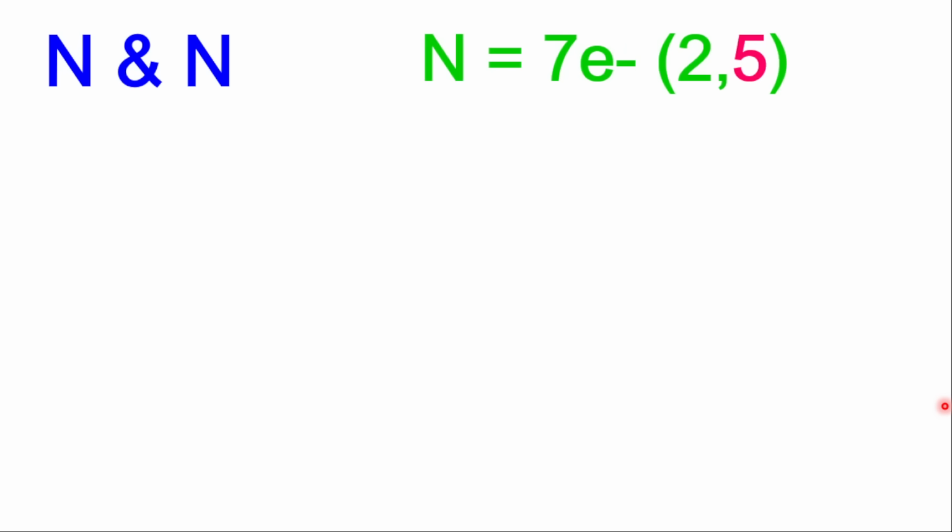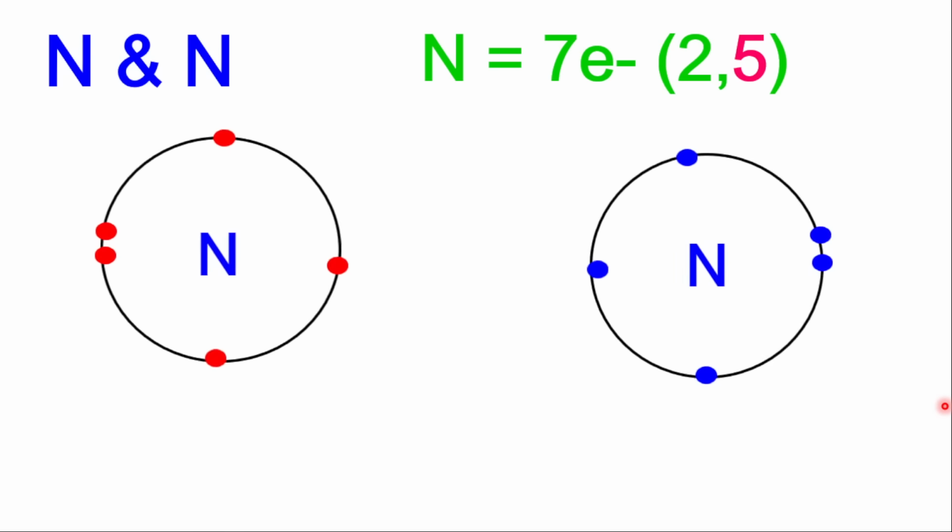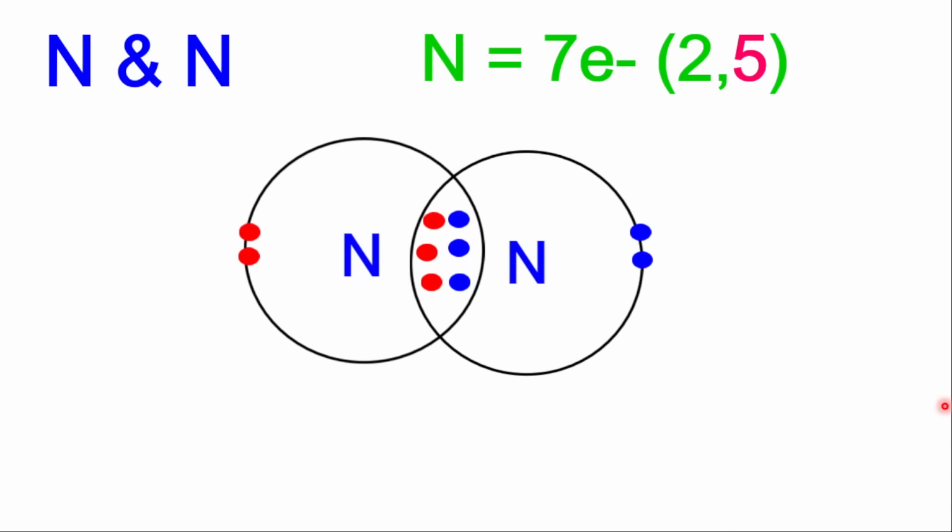Now again, let's say N and N. The electron configuration is 2 and 5. 5 is the valence electrons. So therefore, put them together. Each of these will need 3 more to be full or reach 8. When they come together to share, each gives 3. If you notice, around each of them is a total of 8.